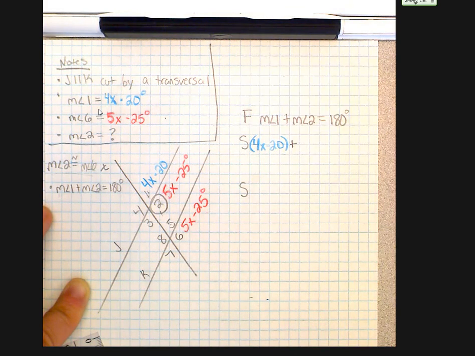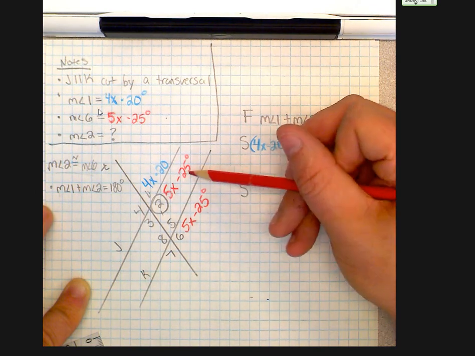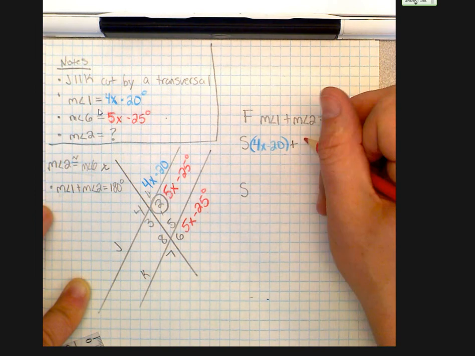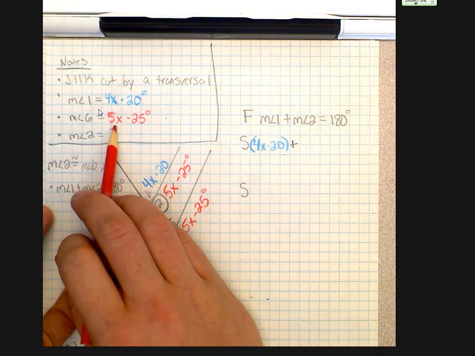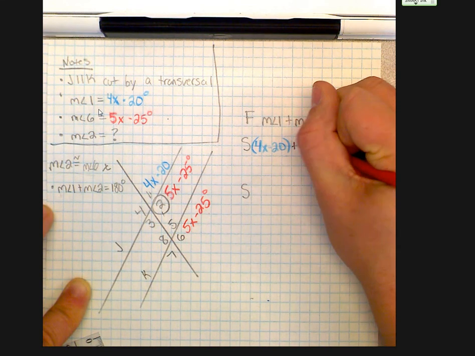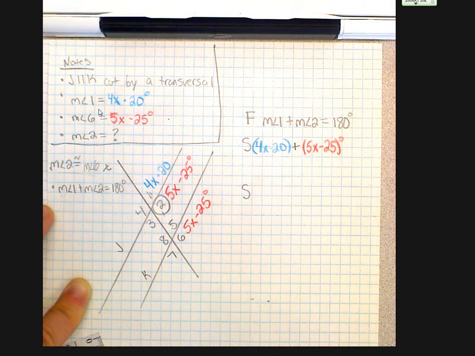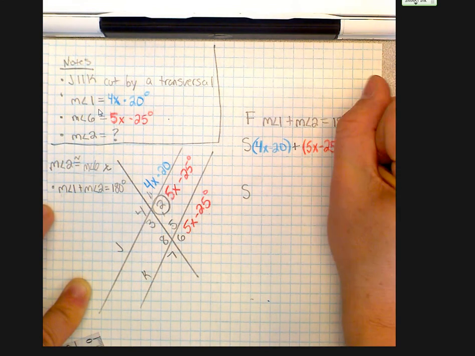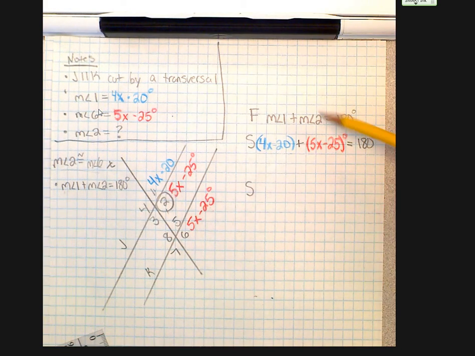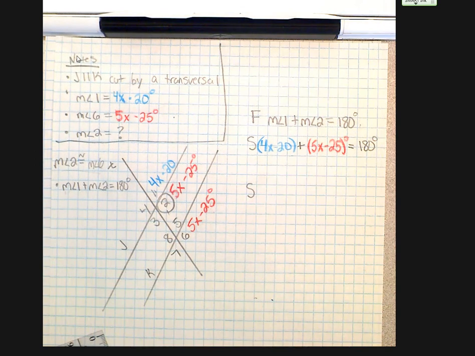Now the measure of angle 2 we did not know, but we realize that these are corresponding, so they're congruent. So for the measure of angle 2, I can just put in whatever the measure of angle 6 was, which is 5x minus 25 degrees. And we know these two things add up to a total of 180 degrees. So I've written down my formula, I've substituted in what I know, and now I am ready to solve the problem.